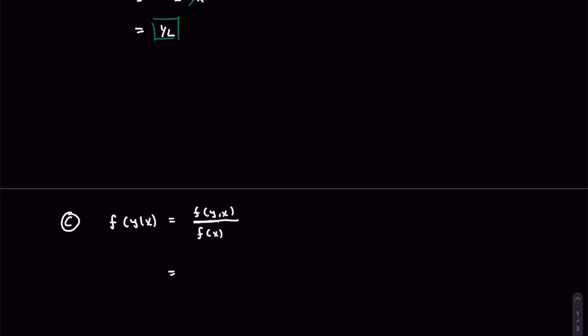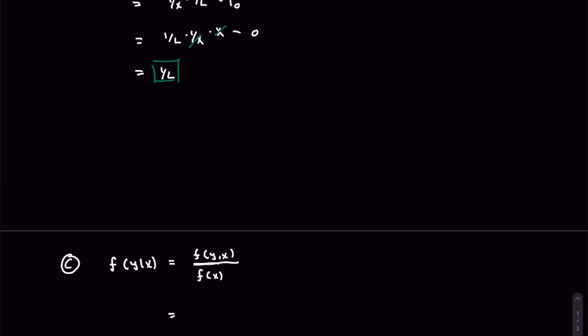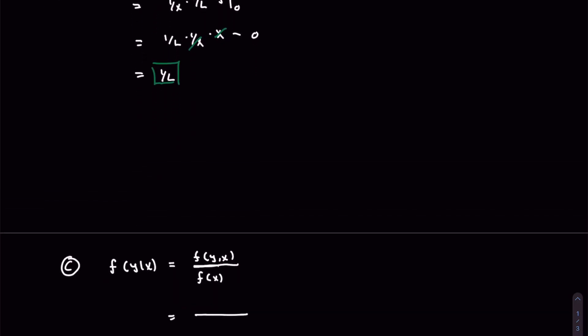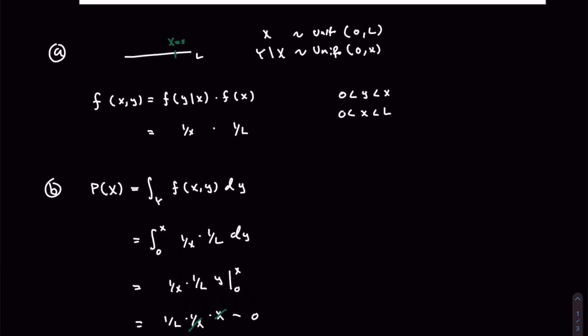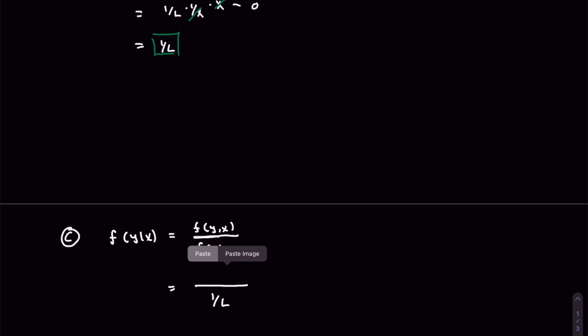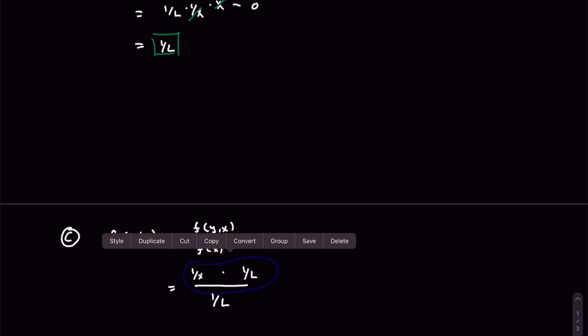So here we know what those two numbers are. We just calculated them before. So f of x we know is 1 divided by L, and the joint is this number here. So we're going to copy it like so, and we can immediately see that we can cancel out these terms.